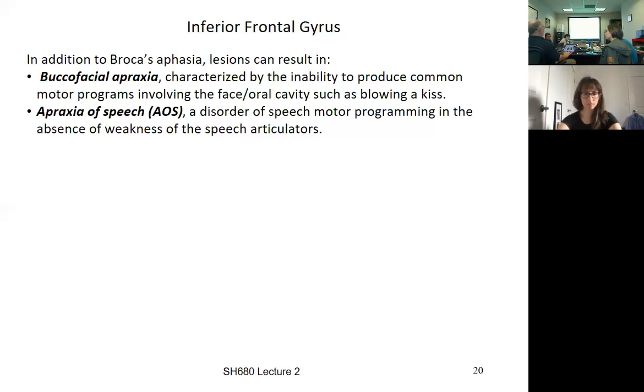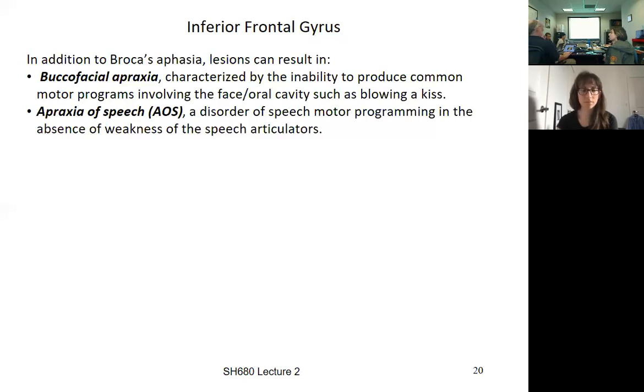And it's still very much an active discussion as to what the true site of damage is for apraxia of speech. Nina Dronkers had done a very influential study, and to this day continues believing that it is the anterior insula that's damaged. Some people think it's the ventral premotor cortex. So Ziegler and colleagues in Germany refer to it as ventral premotor cortex.